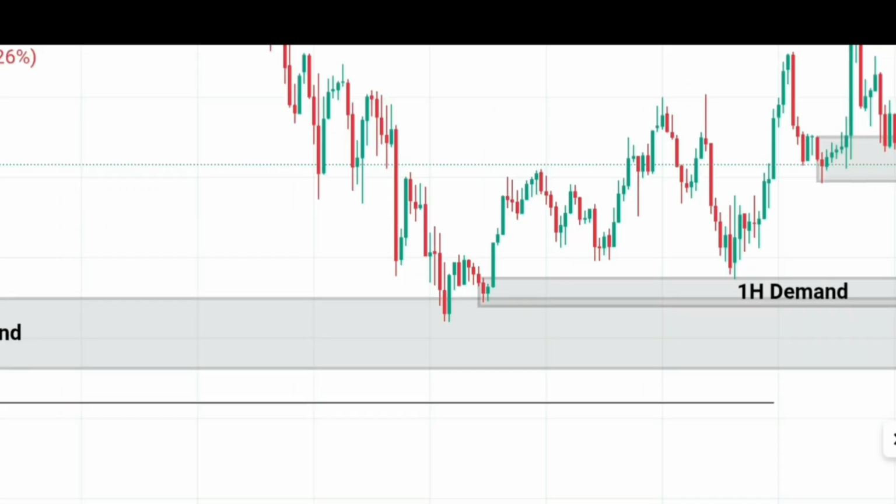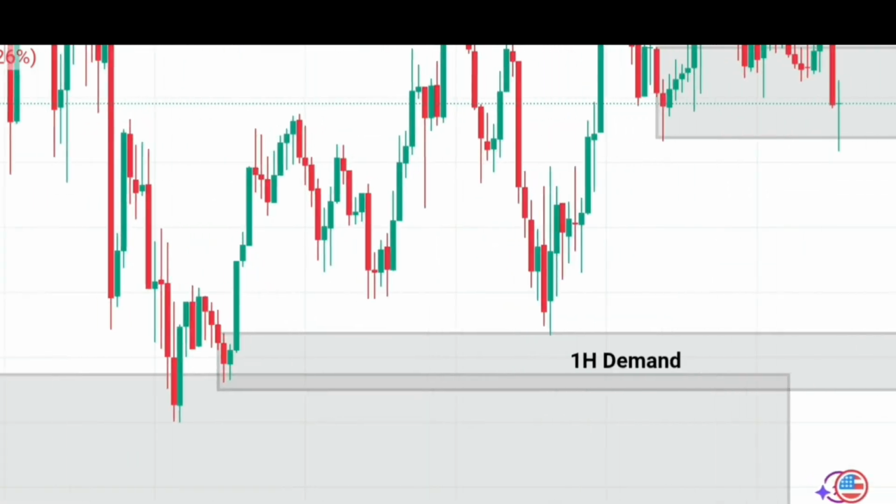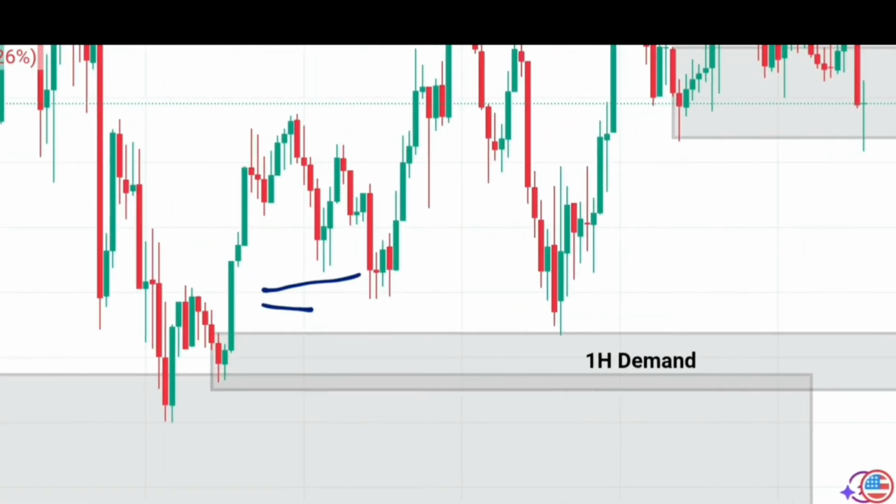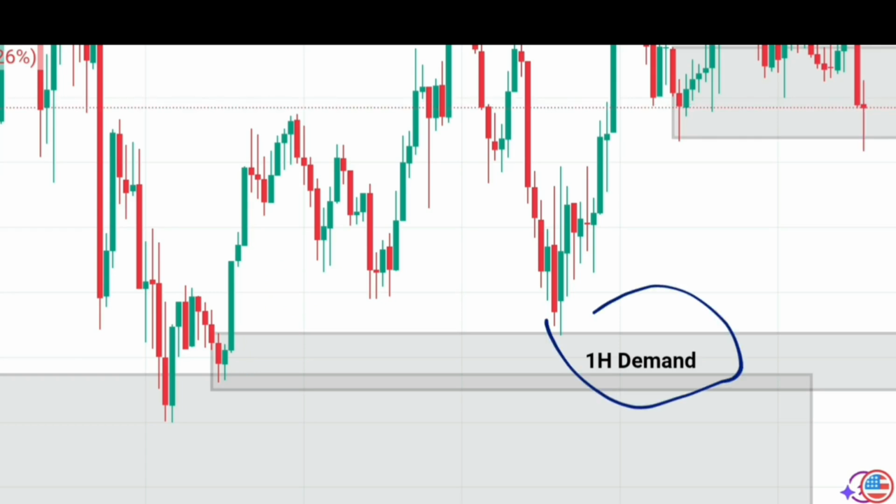All right, this is the demand level, and when the market came down to the demand level, it reacted to it and boom, moved. And as you can see in this 1 hour time frame, this massive push up. Okay, the last bearish candle before the massive push up is your demand level, and this demand level is found in the 1 hour time frame, so it is our 1 hour demand level.